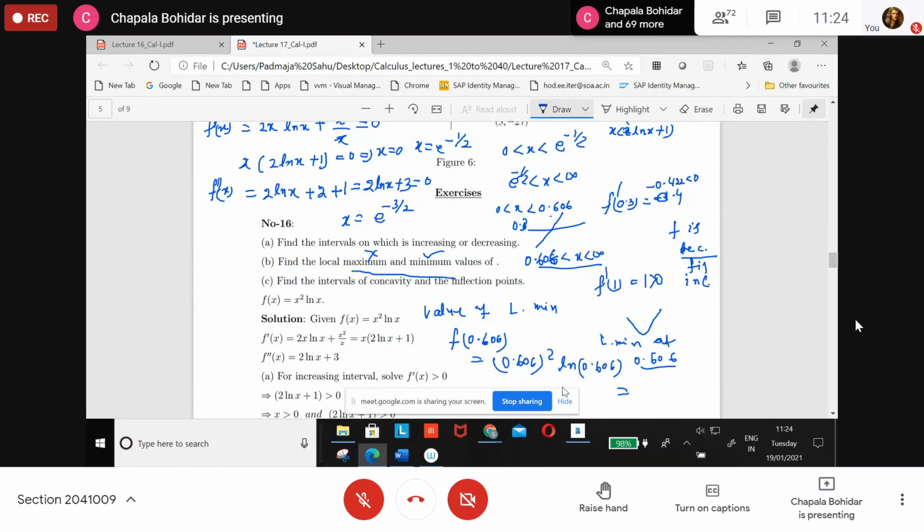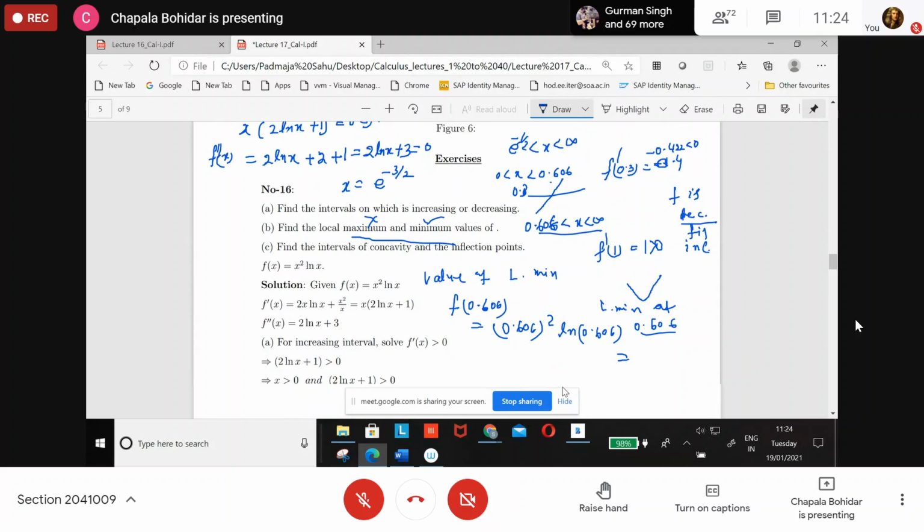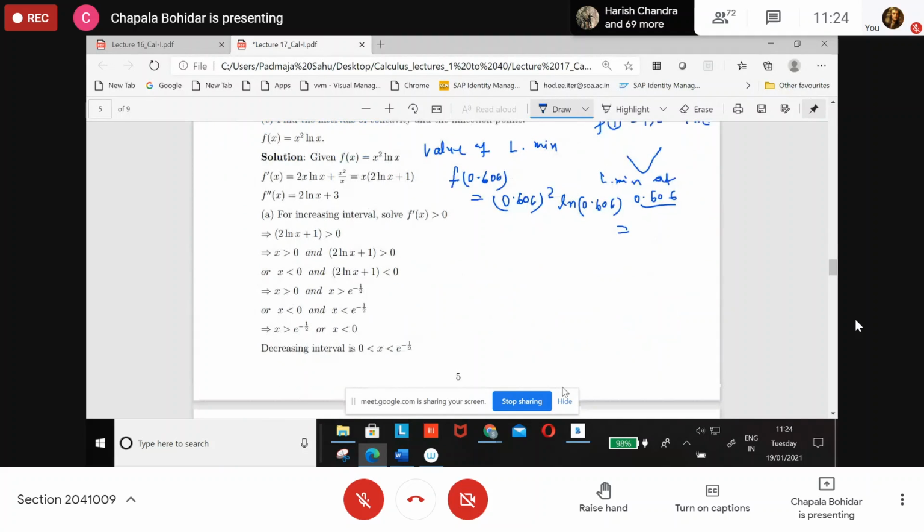It is easy to solve using the exponential because ln is there. So I write it as e to the power minus half, then ln of e to the power minus half.